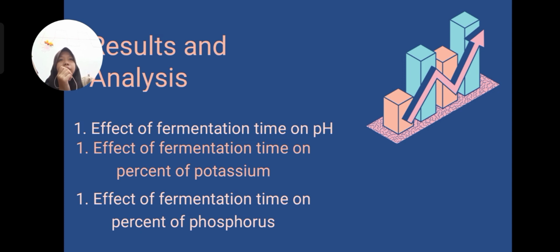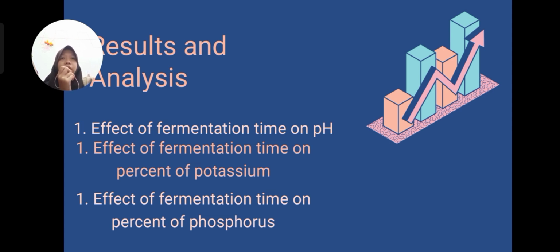And the conclusions of this journal are: first, the longer the fermentation time and the more volume of EM4 used, the higher the value of nitrogen, phosphorus, and potassium obtained. And the second, the best pH value was obtained at 9 days of fermentation with the volume of EM4 of 40 ml, which is 6.89.